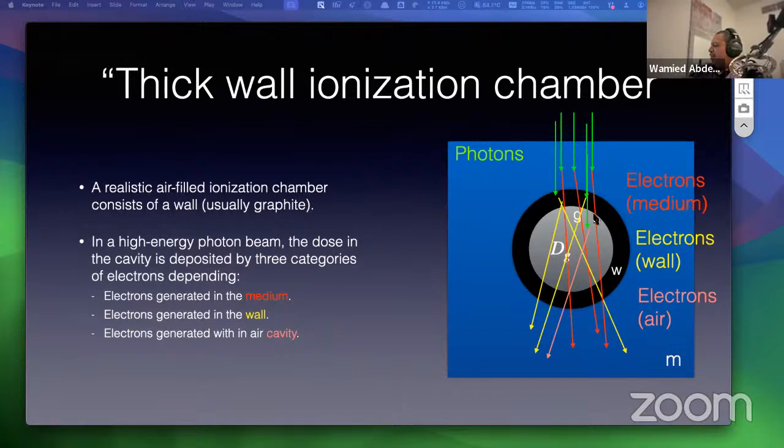We have those deposited by the red electrons, which were produced in the surrounding medium. We have those in the cavity deposited by electrons generated from the chamber wall. Those are in yellow. And then, in orange, we have a few electrons, or dose deposited by photons interacting within the cavity. So we have three sources. This is the real situation.